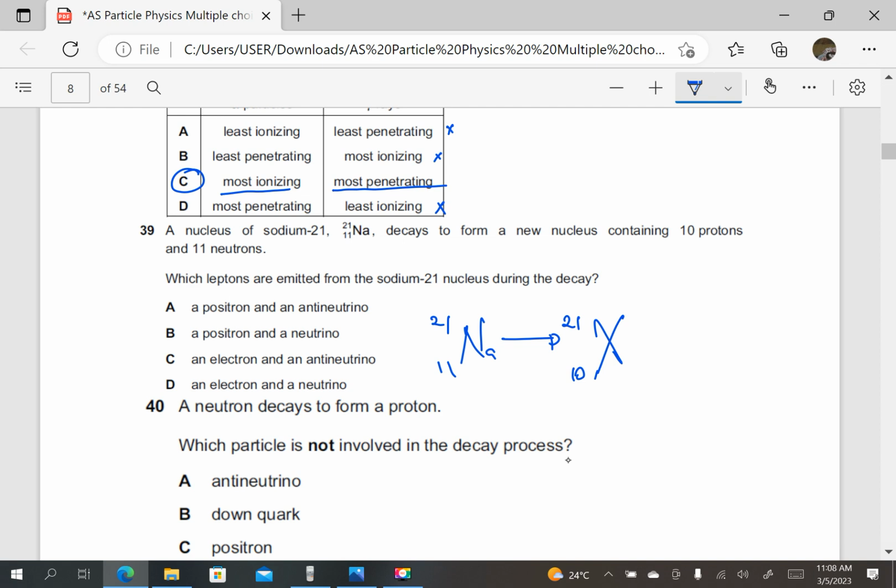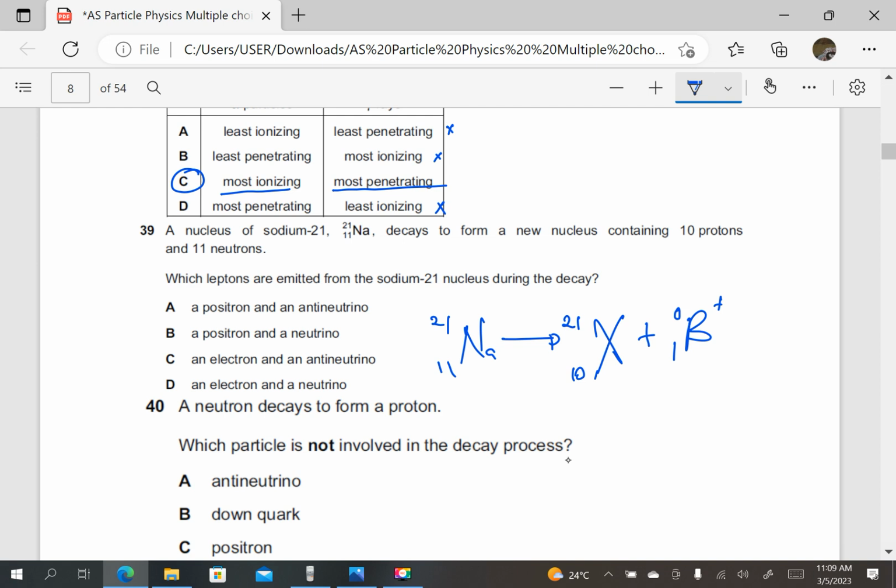Okay. So which leptons are emitted? You see the nucleon number has not changed, the proton number has reduced. So this should be beta plus, 0, positive 1, so that the proton number is balanced.